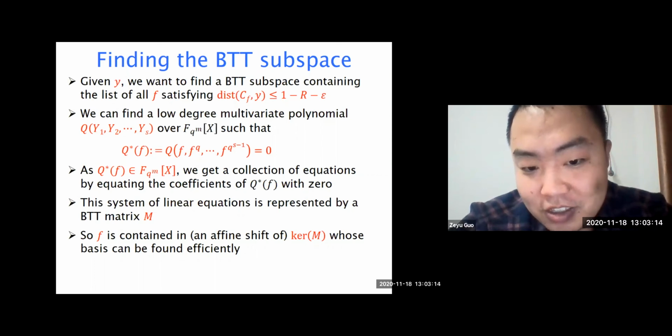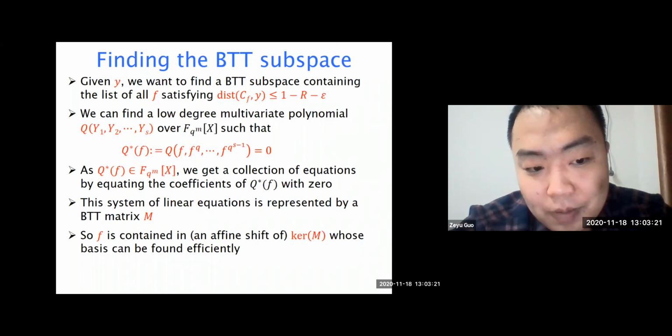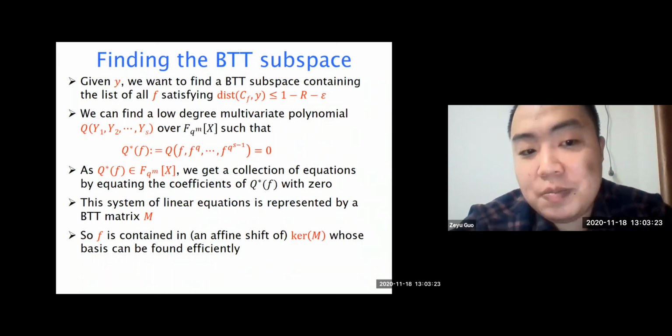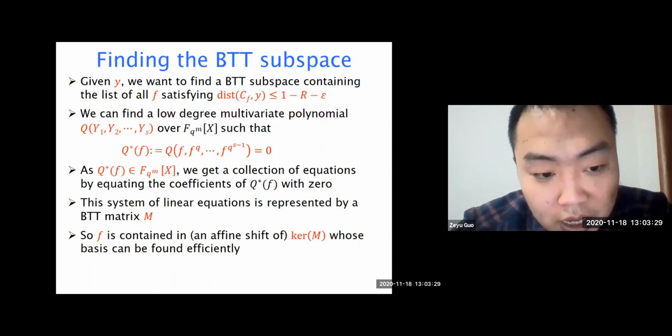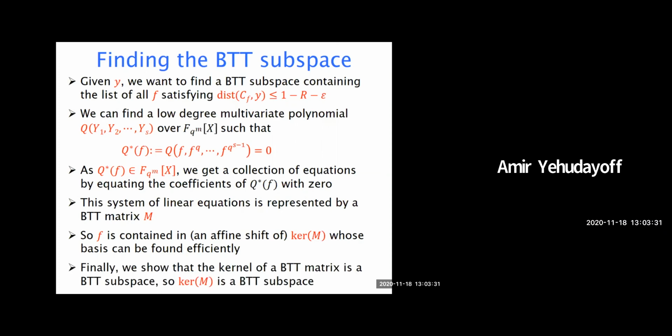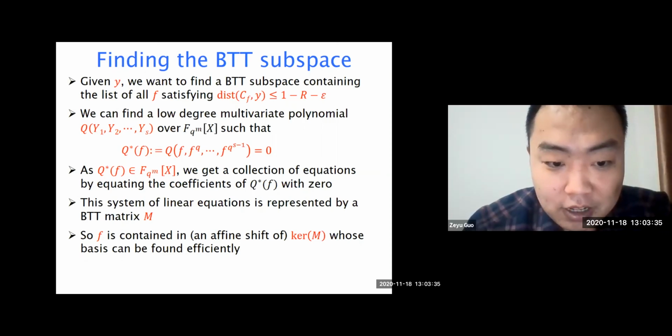But ignore this difference. Let's just pretend that f is in the kernel for simplicity. And a basis of this kernel can be found efficiently by just writing down the matrix M and solving the linear equations. And so we have found a subspace that contains f, the list of all possible f.